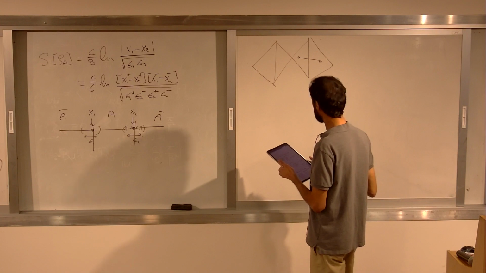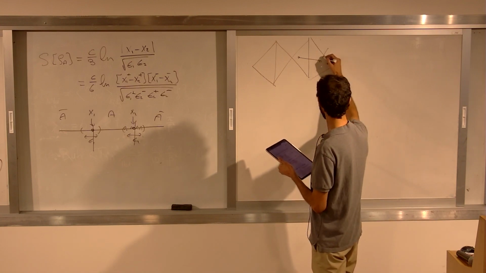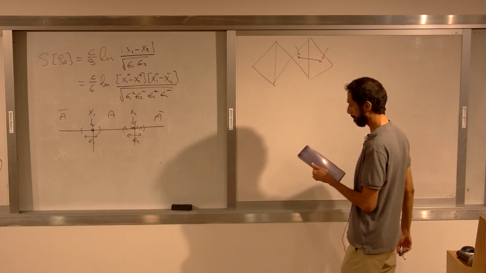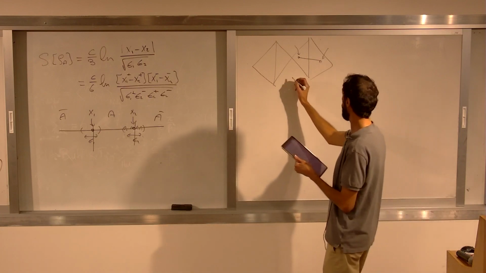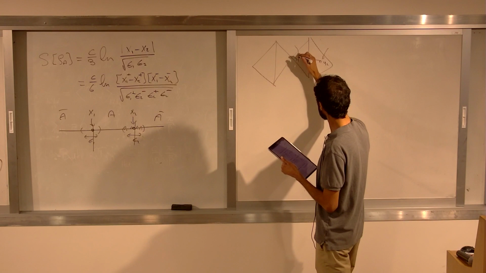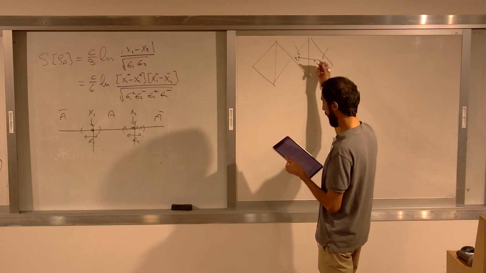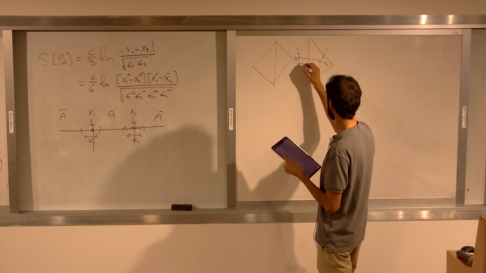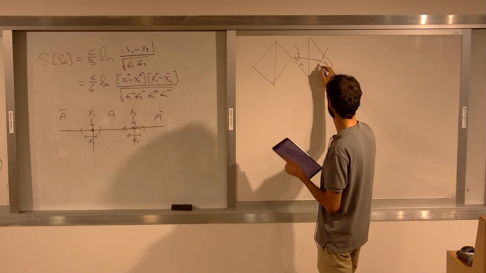Okay? So the first step is to pick the endpoints. Let's call them y1 and y2. And then to pick the cutoffs, epsilon 1 and epsilon 2.